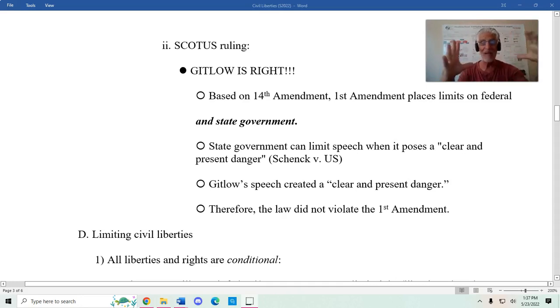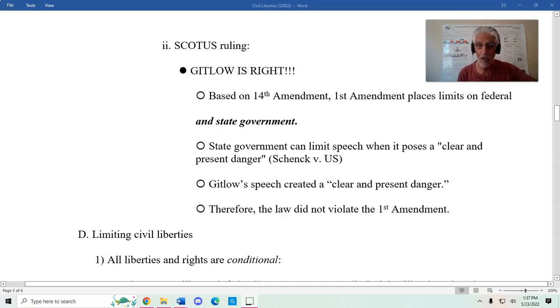But he made an important contribution in his court case to the development and the growth of American democracy and our freedoms, because this is the case where the courts decide, in regards to the First Amendment, limitations placed on the federal government also apply to the state governments.